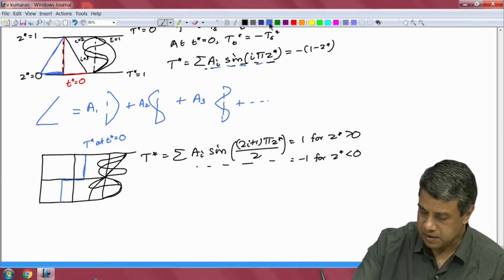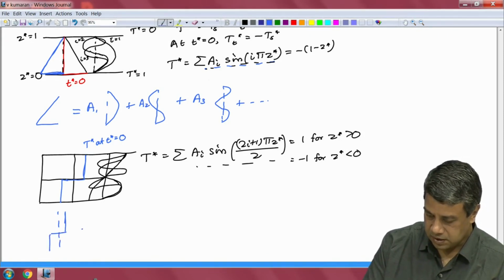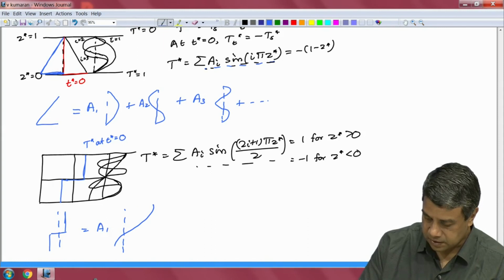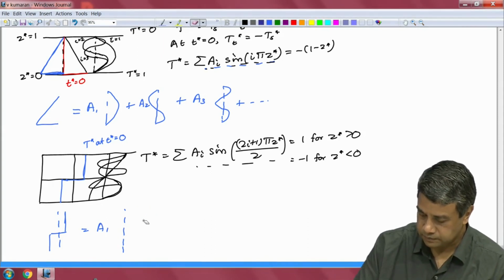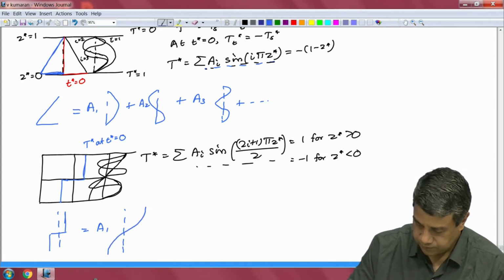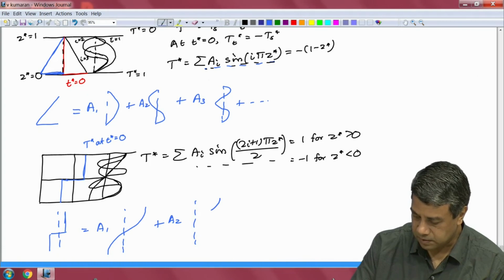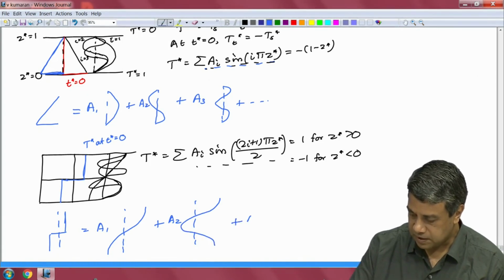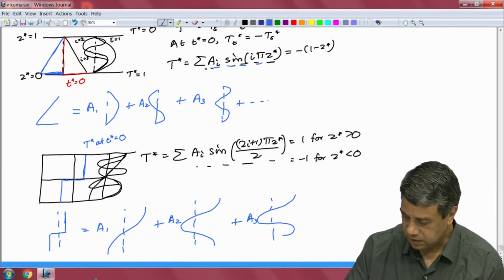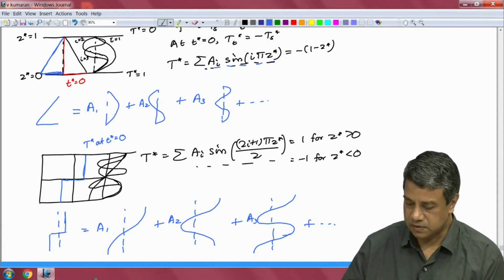So, basically what I am doing is I am representing this function as a1 times something that has 0 slope at the surface, plus a2 times something that has 0 slope at the top, plus a3 times something that has, plus etcetera. So, I am just expanding this as a series of basis functions.